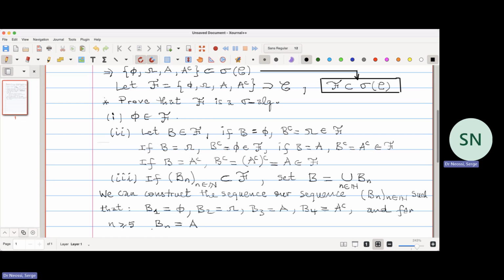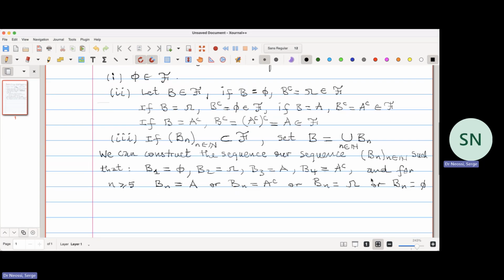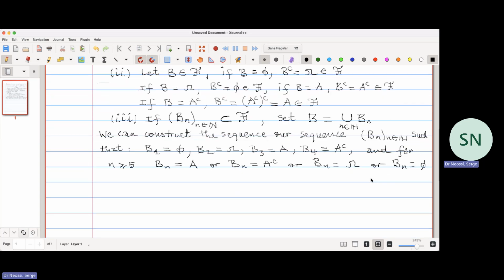You can take all the terms equal to A, or Bn equal to A complement, or Bn equal to omega, or still Bn equal to the empty set. So this is a possibility, and we can consider this particular case.